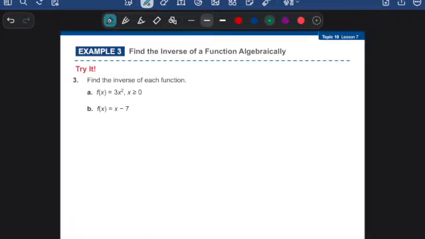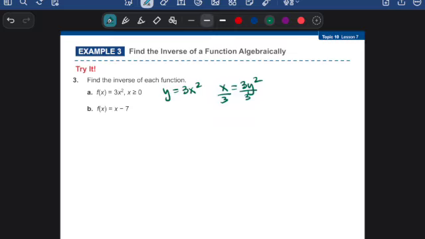Okay, let's try it. Find the inverse of each function. We're going to do that algebraically. Remember, we just switched the x and the y. F of x is the same as y. So I'm going to switch places. So it becomes x equals 3y squared, and I'm going to solve for y by doing opposite operations because of the property of equality.